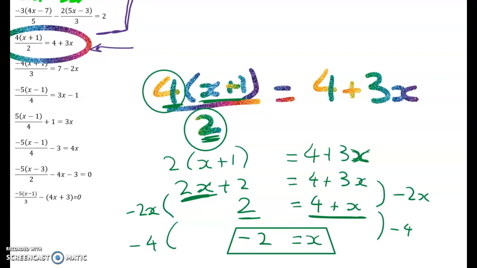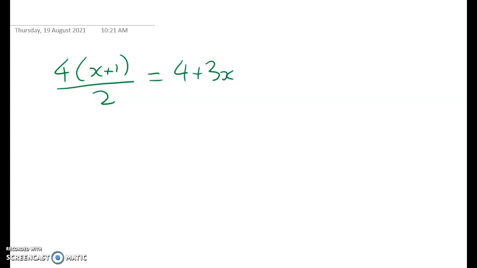I'm going to do that one now, assuming that we hadn't stopped and looked, and I'll start working on a blank page. So if we've got 4 times x plus 1 over 2 is equal to 4 plus 3x, and we don't spot this efficient strategy with the 4 and the 2, what we can say is that I can times both sides through by the same thing.